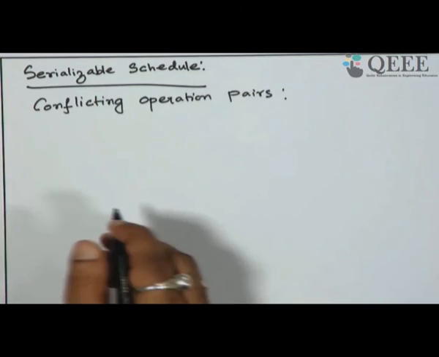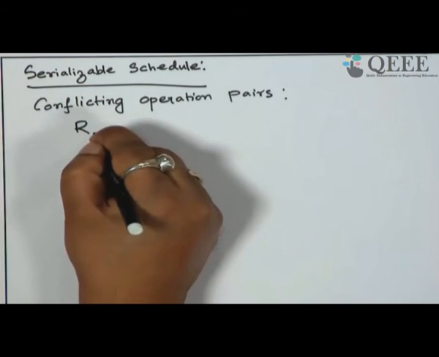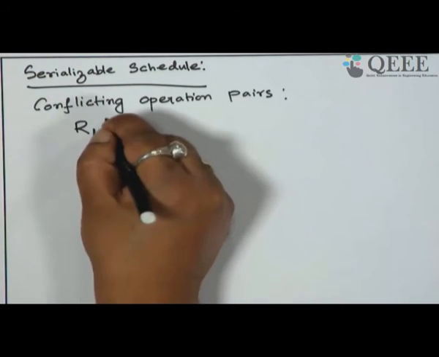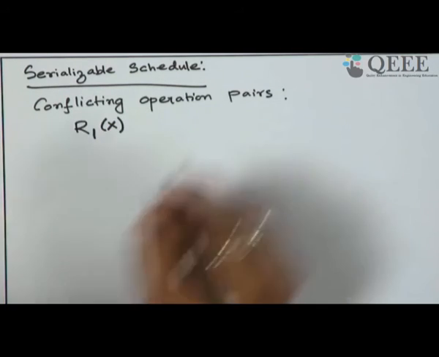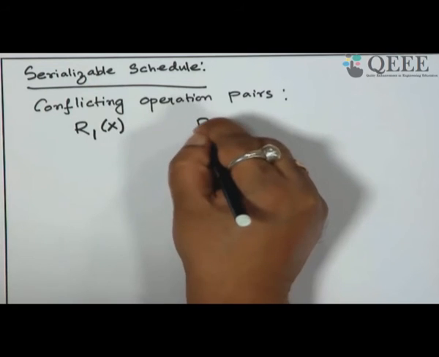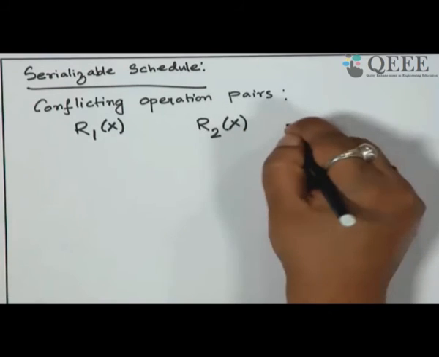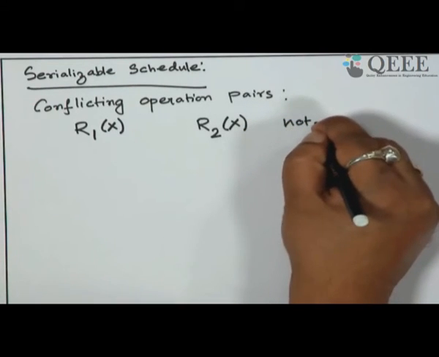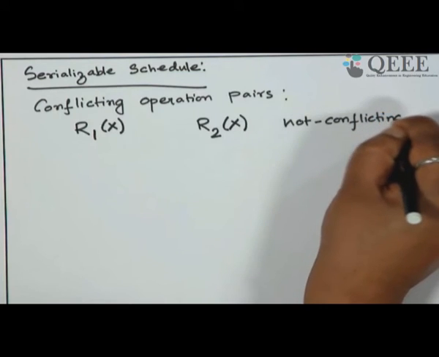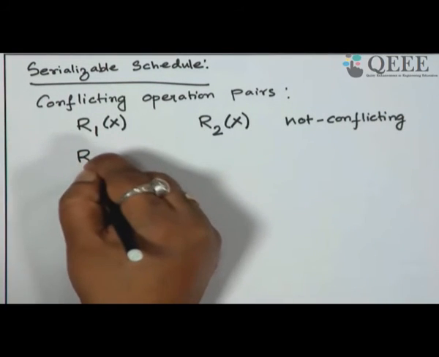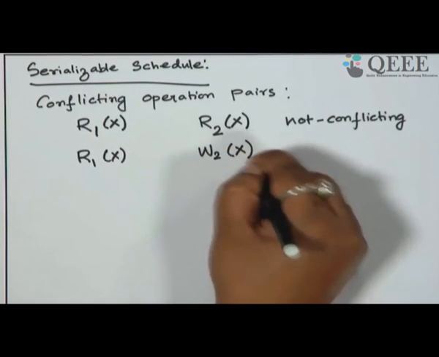If a read by transaction 1, I call it R1, on data item X, and then there is another read by transaction 2 on data item X, they are not conflicting, both being reads. If transaction 1 tries to read X and transaction 2 tries to write X, it is conflicting.